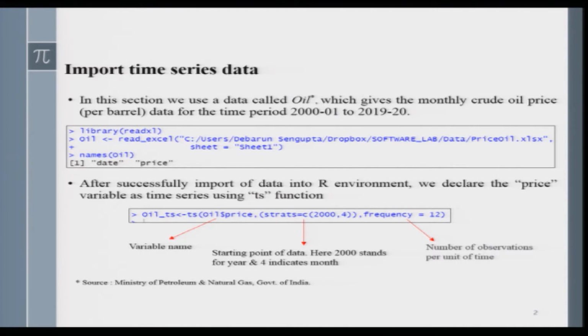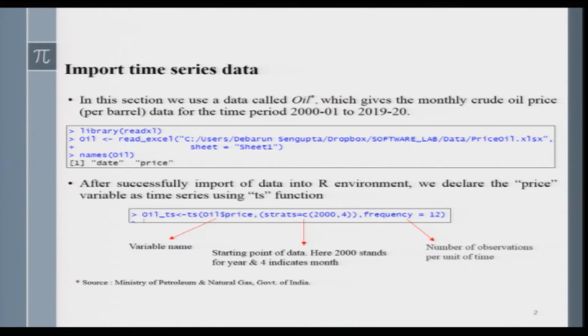I am writing this command in the box, where I am also indicating some important points of the command by red arrows. Here I am saying that I have to define a particular variable, price, as the time series. So, how to do it? Of course, you write this oil underscore ts and so on, but note that there is a thing that you must remember when you are calling a particular variable from a data set in R.